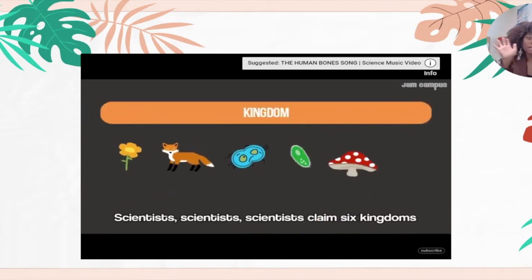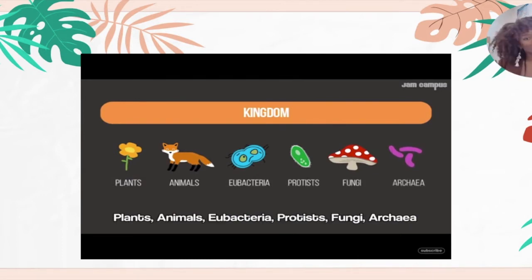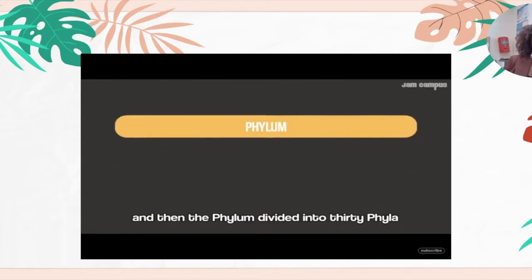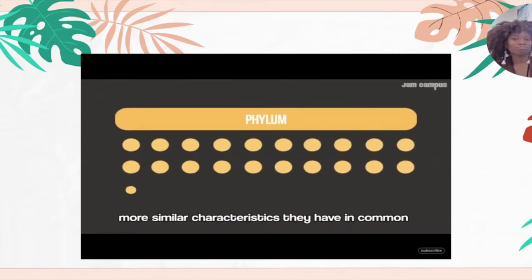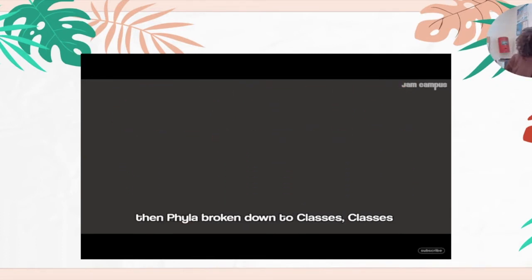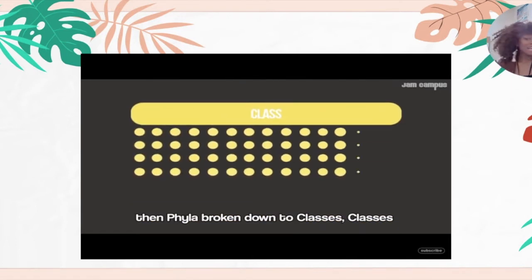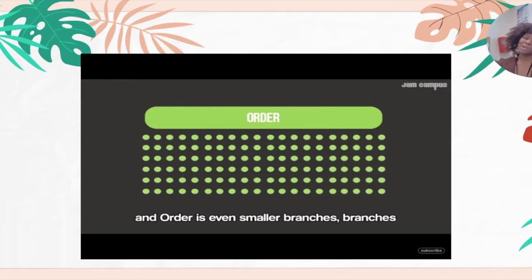Scientists, names and kingdoms. Pantanimal, bacteria, protists, fungi, archaea. And then the phylum divided into 30 phyla. More similar characteristics have in common. Then phyla broken down to classes. Then orders, even smaller branches.